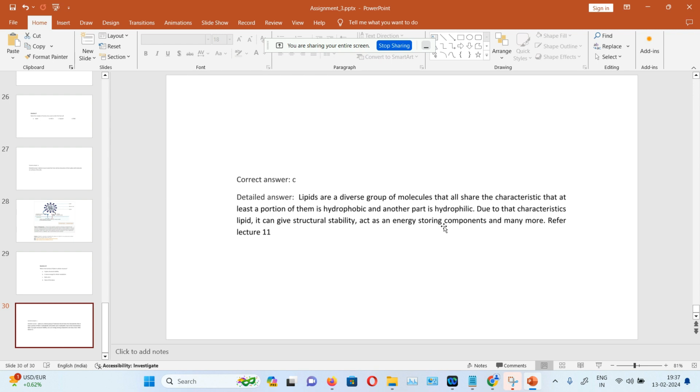Lipids are also energy-storing components, and contain a lot of energy content.